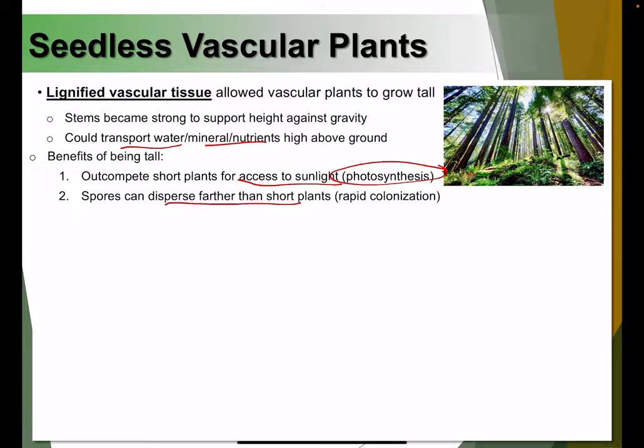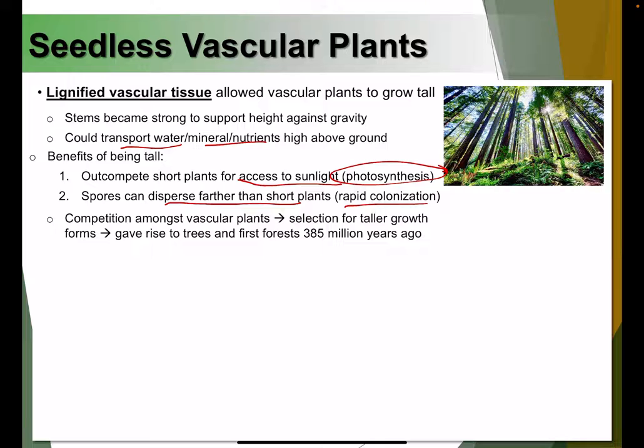Similar concept here. Second is that spores can actually disperse farther than short plants when we're talking about a tall tree versus a short shrub. So the fact that the spores can be thrown farther than short plants, this is what allows for rapid colonization as well. So it is the competition amongst vascular plants that led to selection for even taller growth forms. Eventually, this selection gave rise to trees, and with more and more trees growing taller and taller, you have the evolution of the first forest about 385 million years ago.